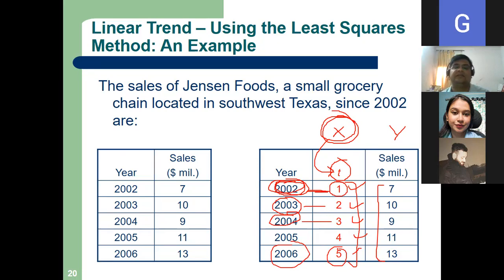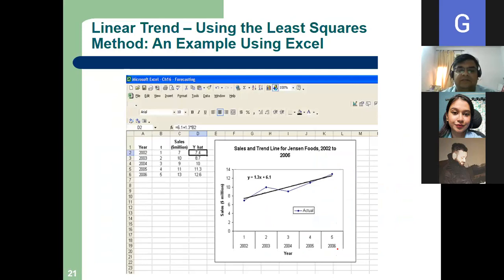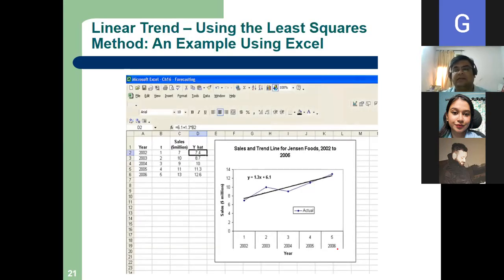Then we generate the equation with the formulas I gave you in the last class. This has been done in Excel, but you can do the calculation by hand also. If you calculate, we get A as 6.1 and B as 1.3. You can check this calculation. So this is the trend equation, the trend line.